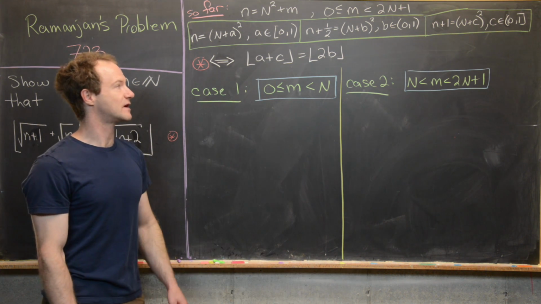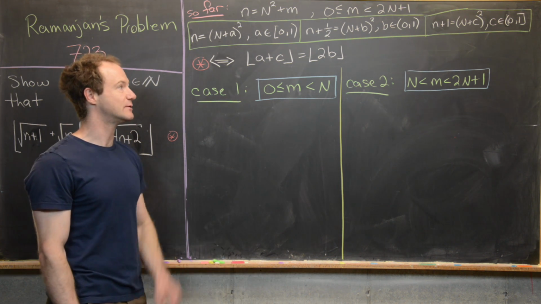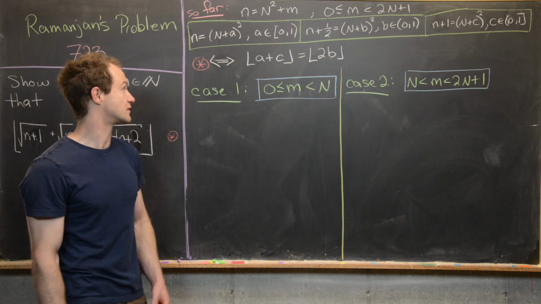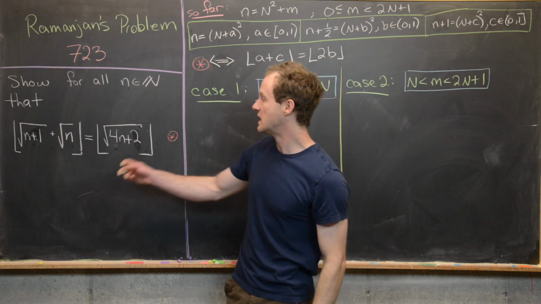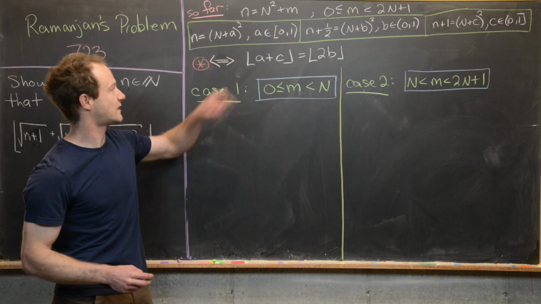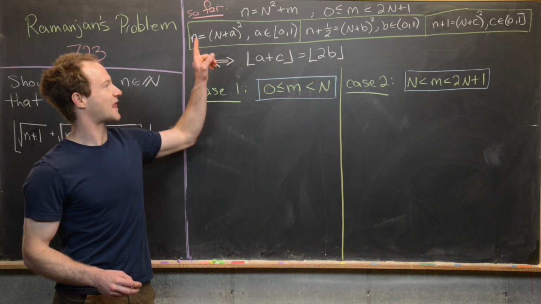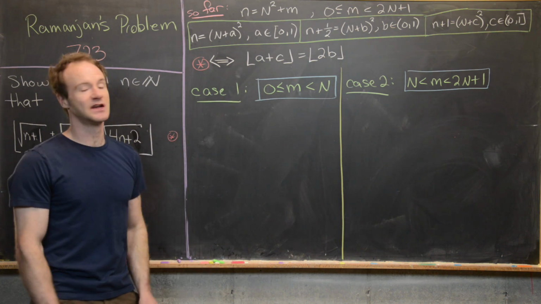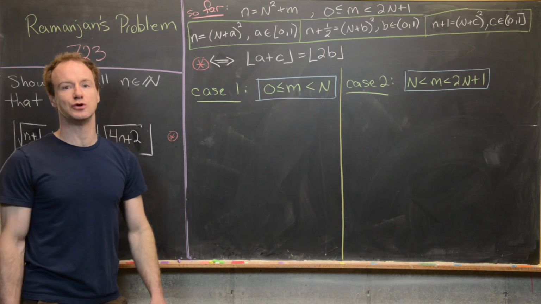And we wrote n plus 1 as capital N plus c quantity squared. And c was on the half open interval 0 to 1. And then we showed that our goal equality involving the square root and these floors was equivalent to this equality right here having to do with our a, b, and c. And that is the floor of a plus c is equal to the floor of 2b.